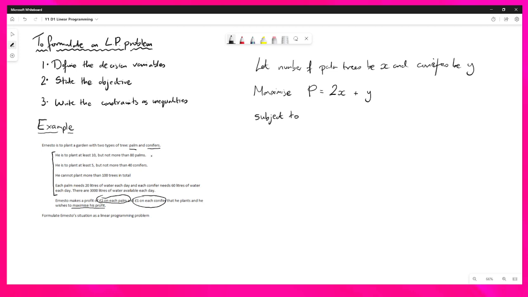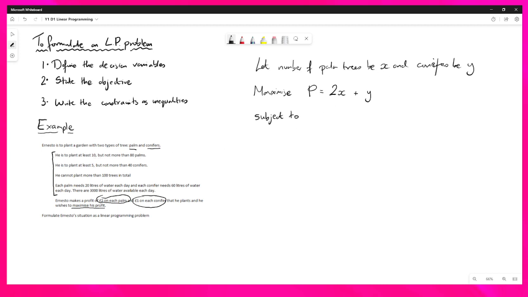So we're going to go through each constraint. Usually they're formatted like this with space in between each one, so it's very clear the number of inequalities you're expecting. Don't always use that as a surefire rule, but it's a good rule of thumb to give you a starting idea. So he's to plant at least 10, but not more than 80 palms.